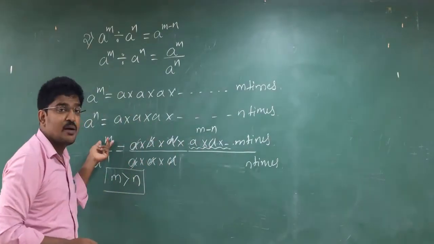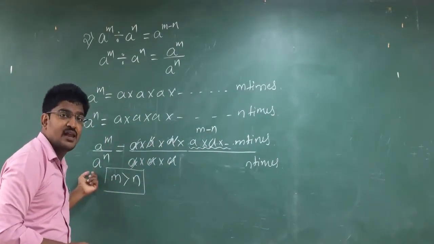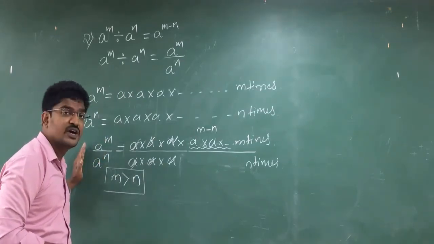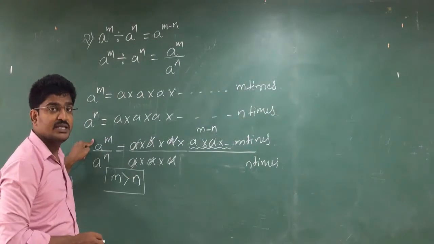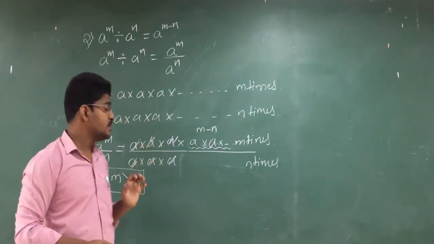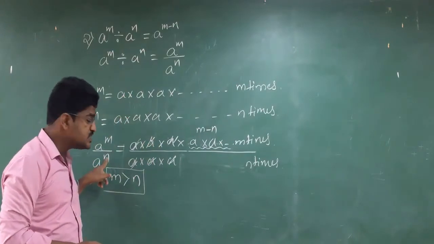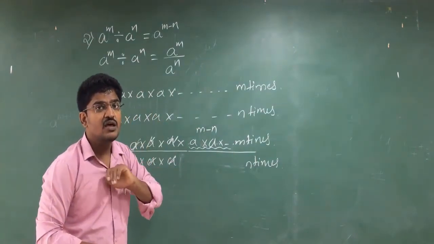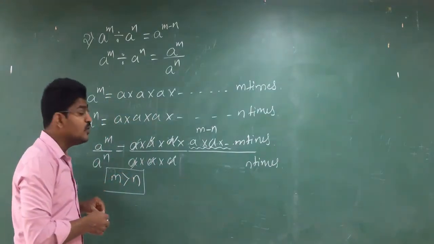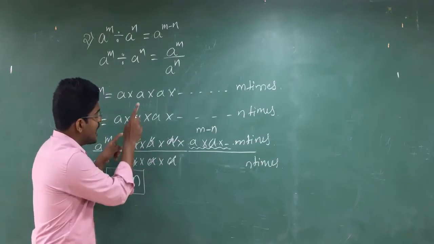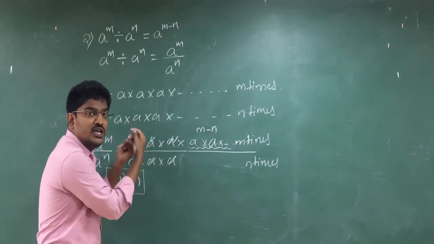A power m divided by a power n. Now I want to simplify this. A power m means a is multiplied for how many times? M times. A power n means a is multiplied for how many times? N times. Clear? So now I will cancel a terms from the denominator and a terms from the numerator.